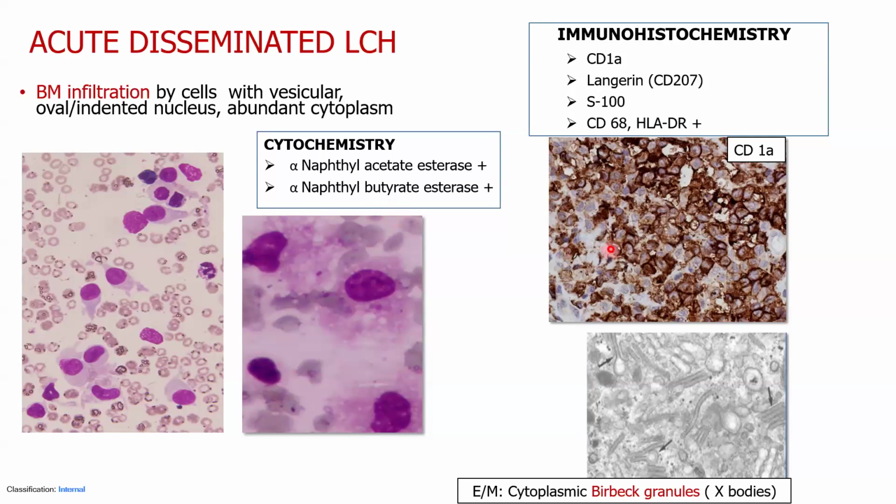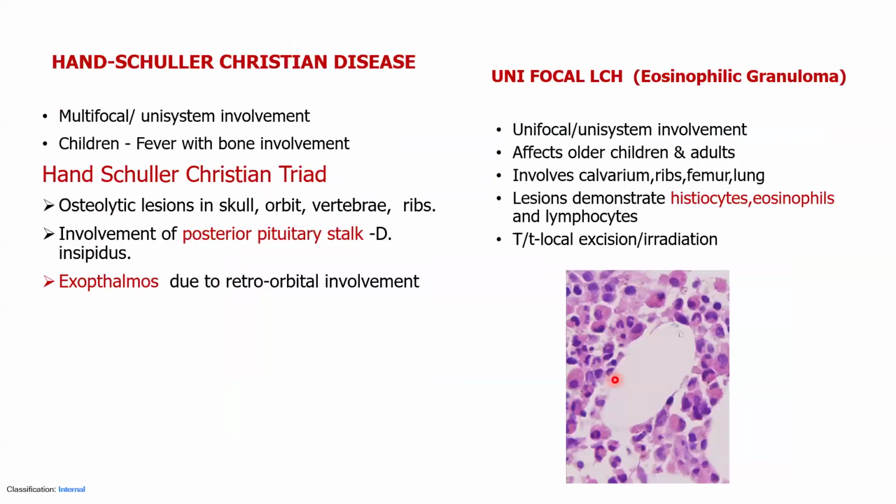The bone marrow biopsy can be subjected to immunohistochemistry, and these show positivity for CD1A, Langerin that is CD207, S100, CD68, and HLA-DR. So this is a picture of CD1A positive, and if you do an electron microscopy, cytoplasmic Birbeck granules will be seen. You see these Birbeck granules in the Langerhans cells.